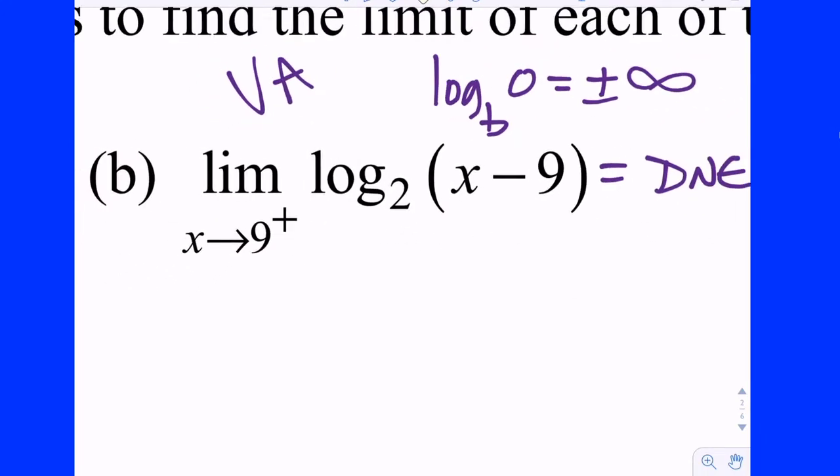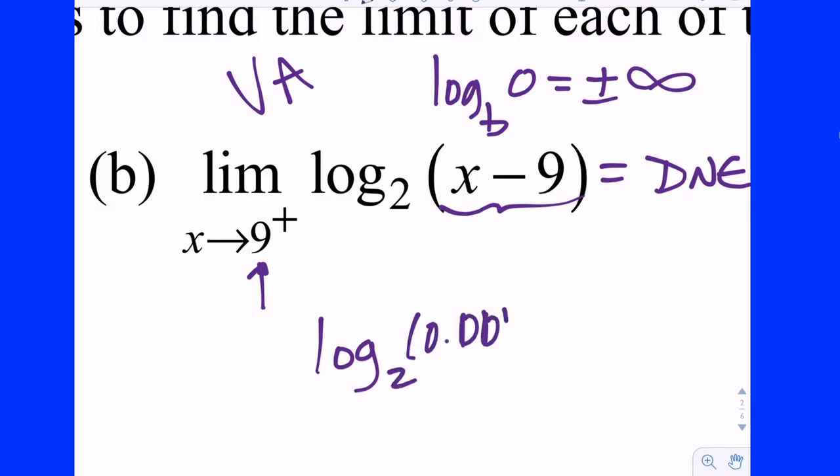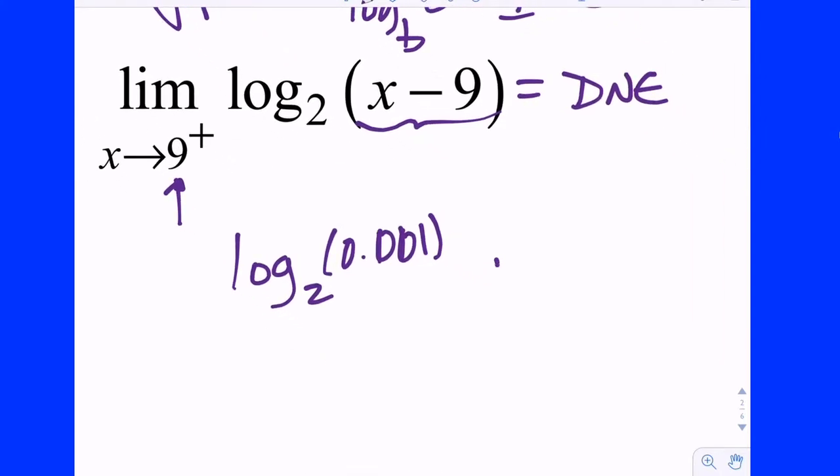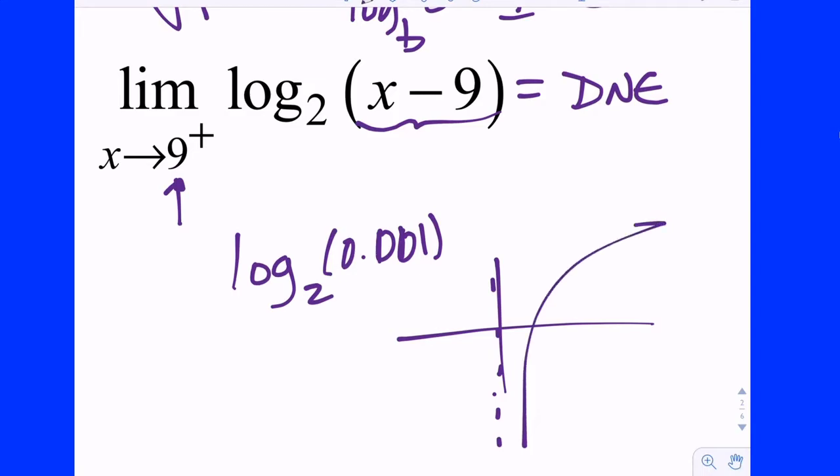You actually figure it out by plugging in a number just to the right of 9, like 9.1. Good. Don't go so far as 10. 9.1 minus 9 is 0.1. Now, if you take log base 2 of 0.1 or 0.01 or 0.001, whatever, what's that going to look like? Well, remember log base 2 looks almost exactly like the natural log.